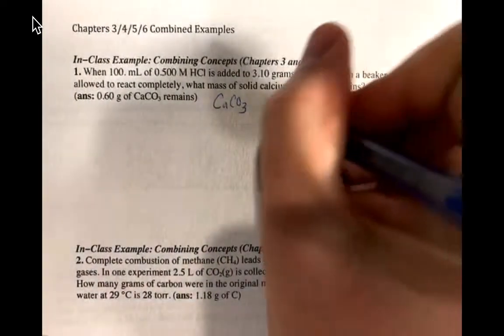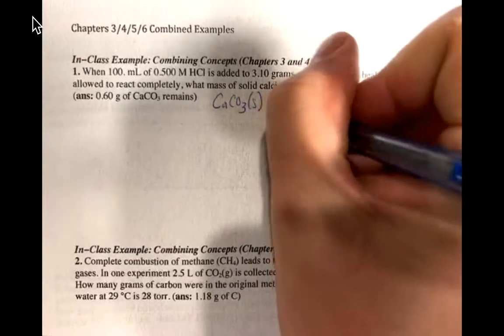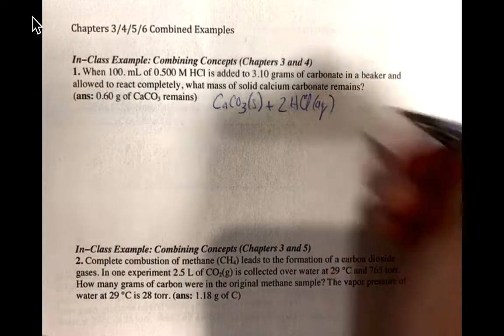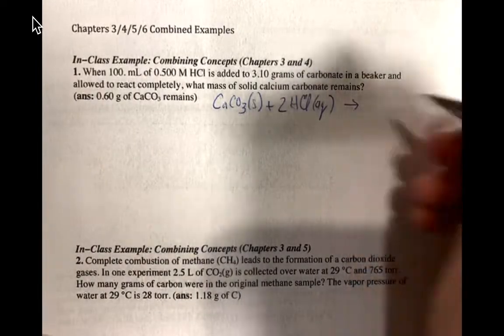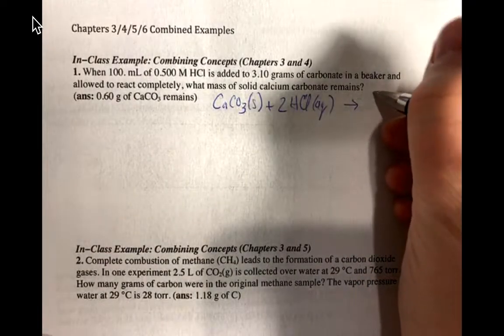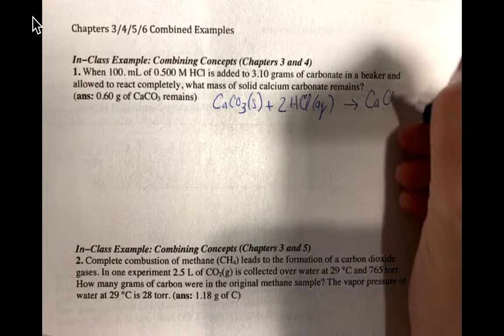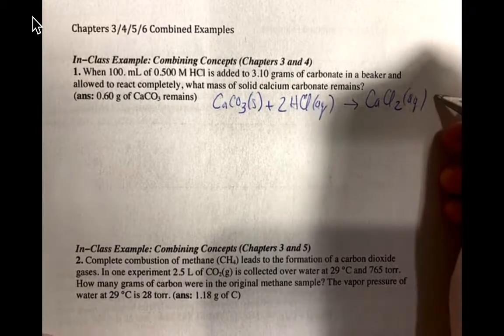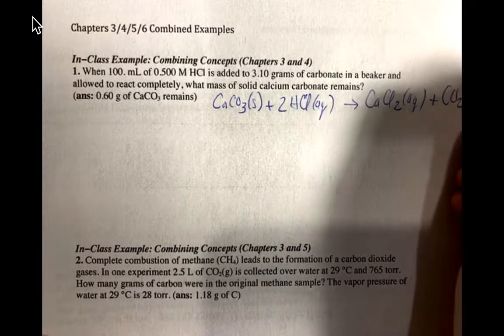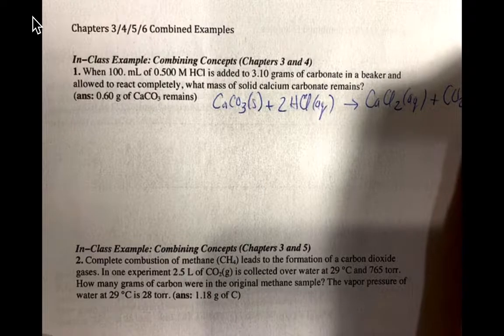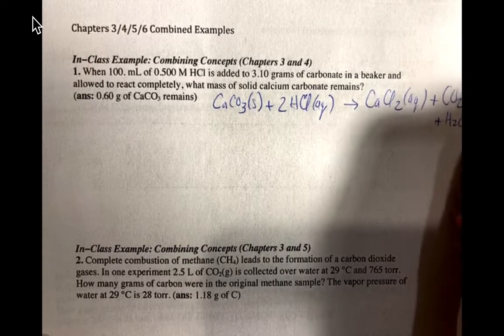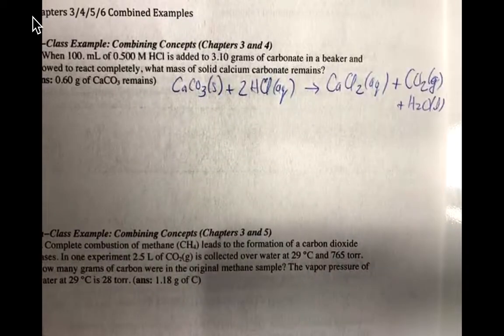And so we have calcium carbonate, which is a solid. It reacts with two HCl's to give us calcium chloride aqueous plus CO2 as a gas, plus the other product is H2O as a liquid in the solution.